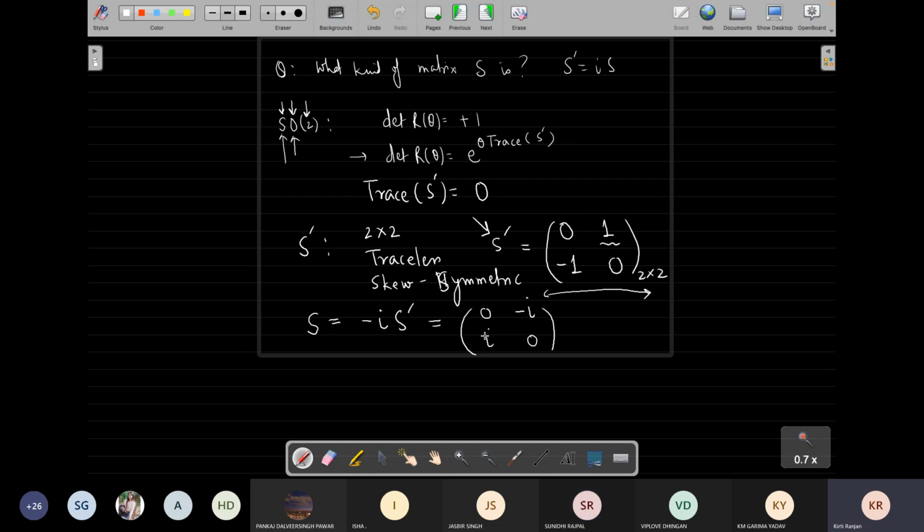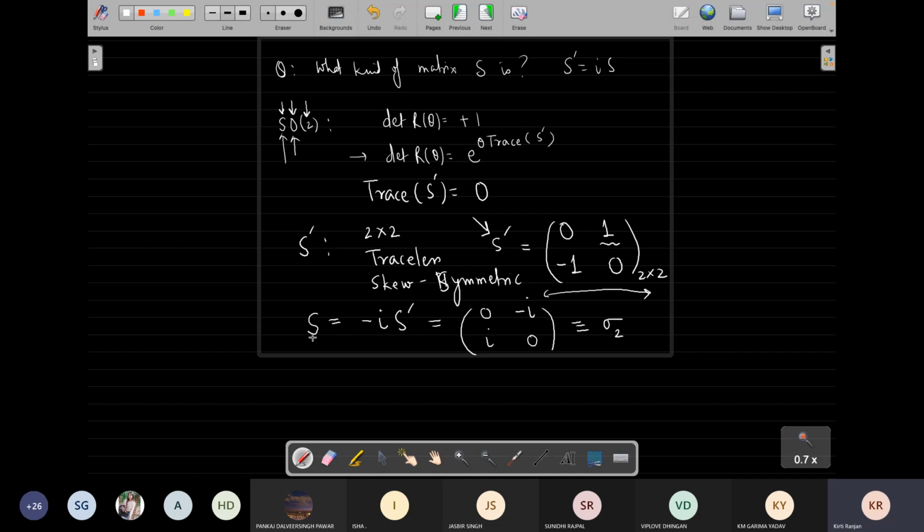Can you identify this matrix by the way? 0, 0, minus I. Pauli. This is sigma 2. It is exactly the second Pauli spin matrix, or sometimes you write it sigma y, which has this I coming in. This is the reason why I actually introduced I to begin with, because now you see certain structures of this.